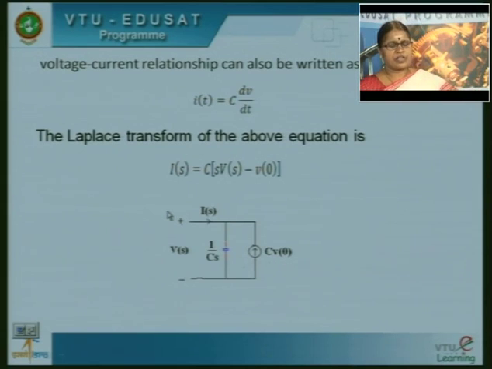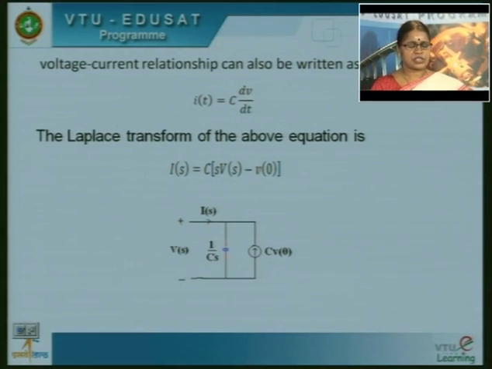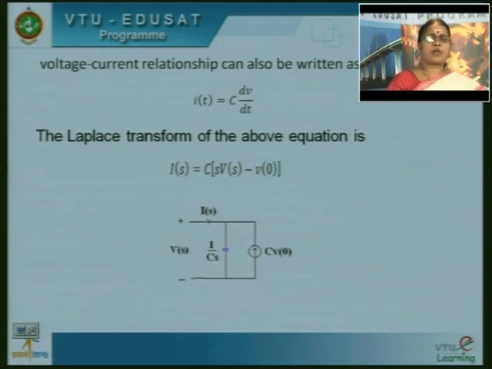So, in case of an inductor and capacitor, we can draw two equivalent circuits in S domain. One is an impedance in series with the voltage source, another one is an impedance in parallel with the current source. Now, till now when we solved the problems, we wrote the differential equation which describes the circuit, and then translated that equation into an equation in S domain.